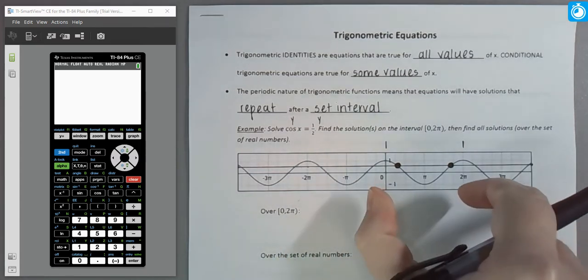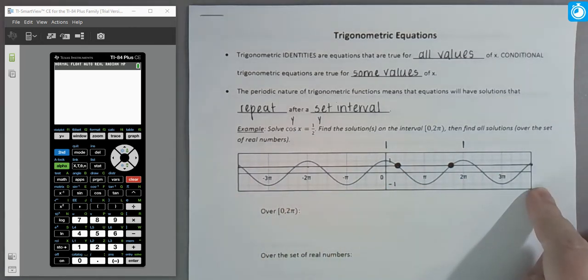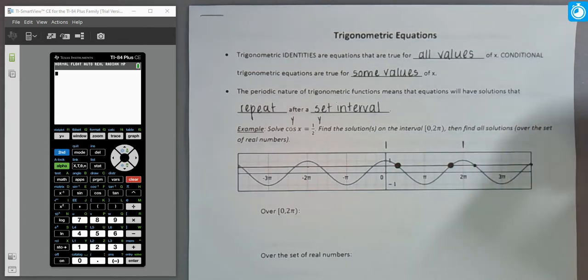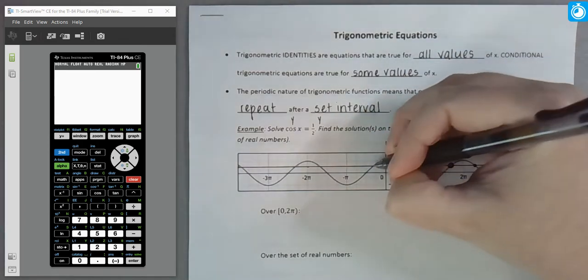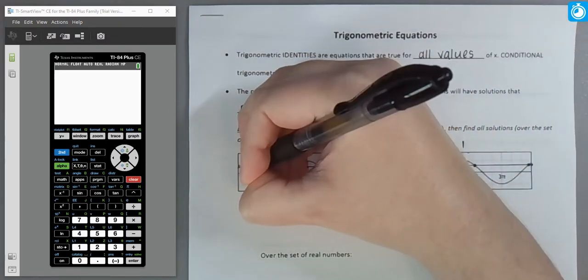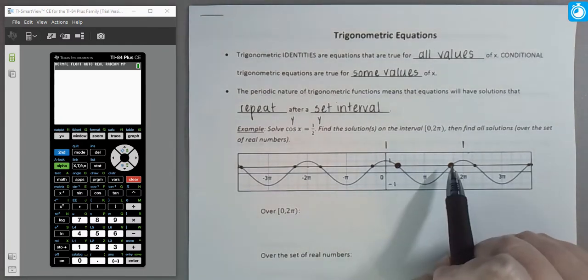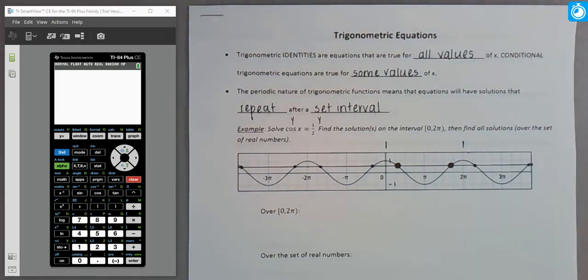But notice if you expand this region and look all the way across the number line, we also have other locations where those two graphs intersect. And all of those locations represent solutions as well. What we're going to find, though, is that these two locations from 0 to 2 pi, we can think of as, in a sense, generating the other solutions.